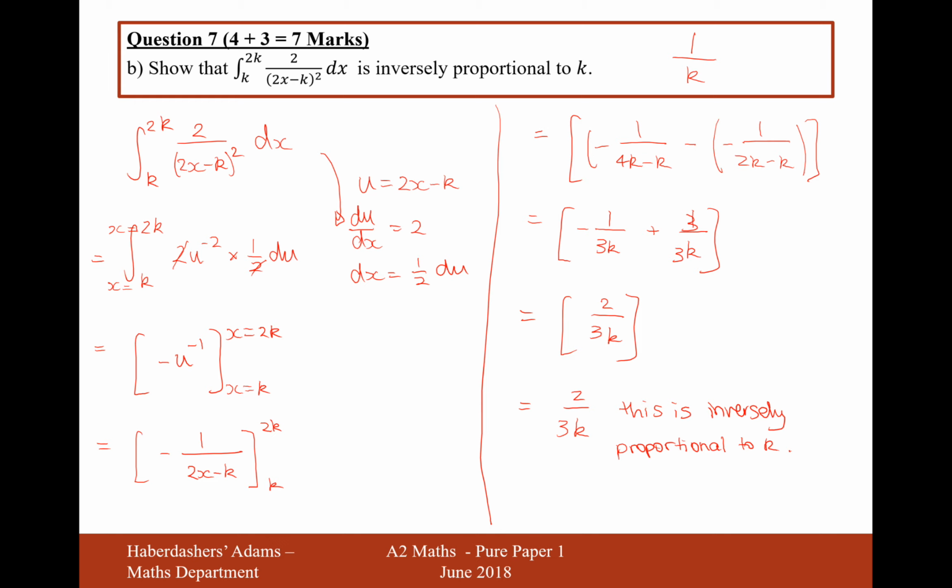Work out the integral, and then hopefully the result should present itself to you in a sensible way that would make sense with what you're trying to show. So 2 over 3k, that is inversely proportional to k. k is on the bottom of a fraction. So there we are, that's the answer to question 7 then. Quite a tricky two sets of questions there for 7 marks. Let's now move on to question 8.